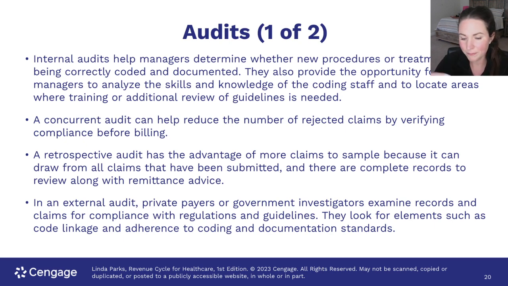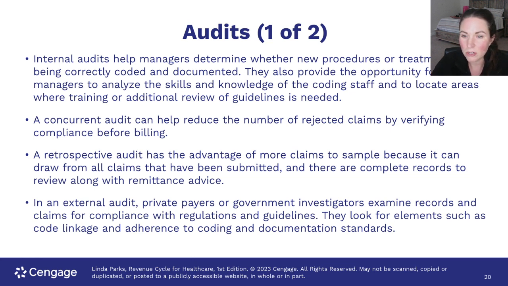That way, your chances of being denied are lower. Hopefully you would catch if there is an error before ever submitting the claim. Then retrospective audits are good because you can pull from all of the claims that have already been submitted and the records are complete. Okay, so you can reference the remittance advice, which will say, if there was a denial or a payment reduction, what the reasoning was. So it just kind of gives you a fuller picture of what's going on.